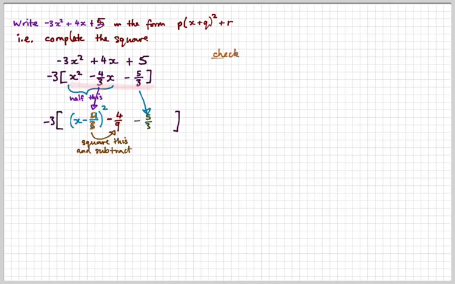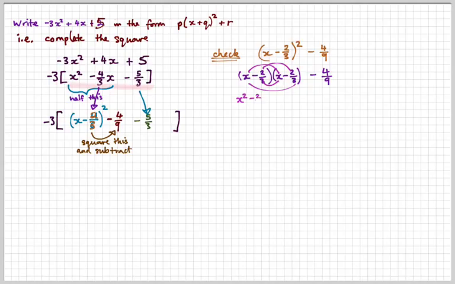We're going to do a check now just to make sure that what I've written is correct. So if we look at x minus 2/3 all squared minus 4/9, let's expand this bracket, x minus 2/3 brackets x minus 2/3. This gives us x squared minus 2/3 of x minus 2/3 of x, and then minus 2/3 and minus 2/3 is plus 4/9. Okay?